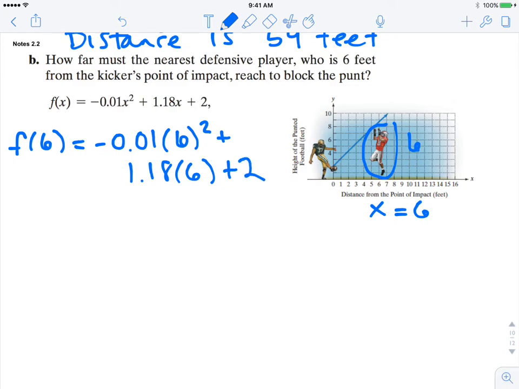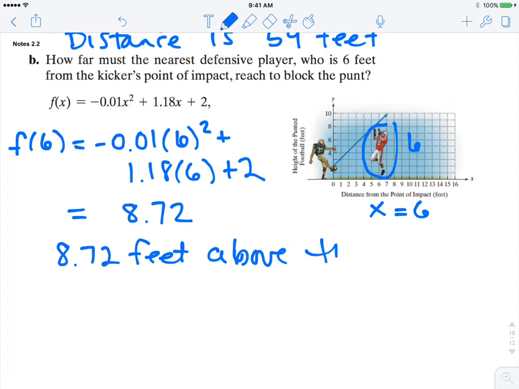Then we would simplify it and using our calculator, we would get 8.72. So that defense player must reach 8.72 feet above the ground to block the punt.